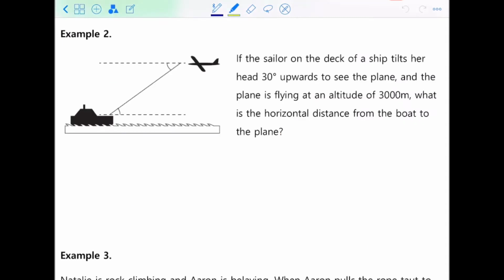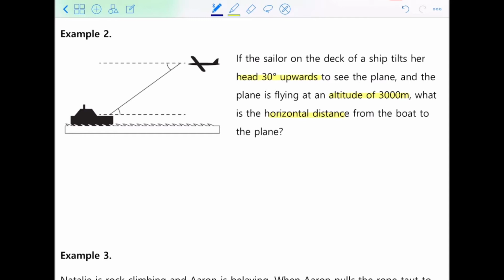If a sailor on the deck of the ship tilts her head 30 degrees upward to see the plane, and the plane is flying at an altitude of 3,000 meters, then what is the horizontal distance from the boat to the plane? All right, so I highlighted some key numbers. I'm just going to state it on the diagram.